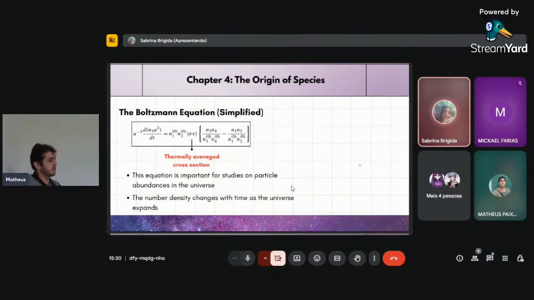So I think it is about this. Do you know how to compute this thermal average? I mean, not properly compute, but you saw some formula of how you can obtain this thermally average cross section. In the book, he makes this calculation, but I don't remember how. It's a big expression. Okay, no problem.